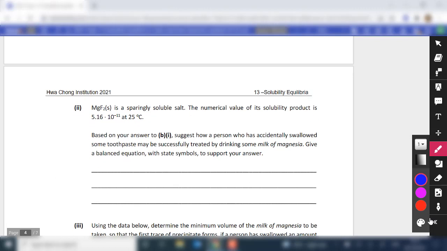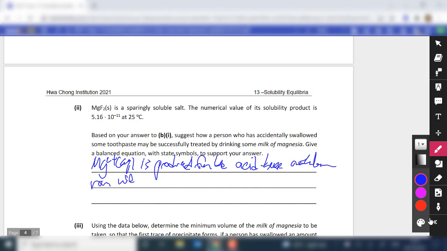So in this case, a very short and sweet answer will be: because Mg2+ aqueous is produced from the acid-base neutralization reaction with H+, you expect MgF2 to be precipitated out.